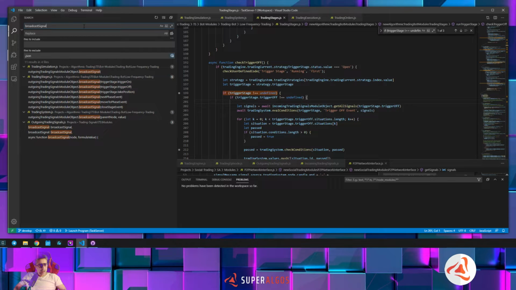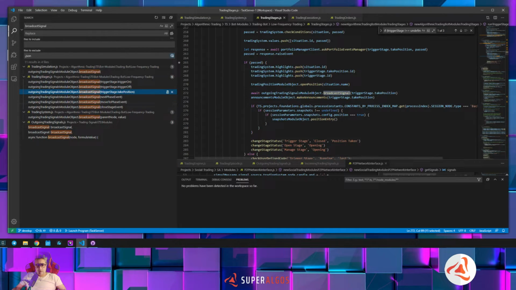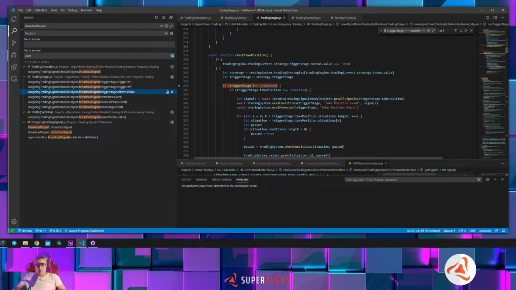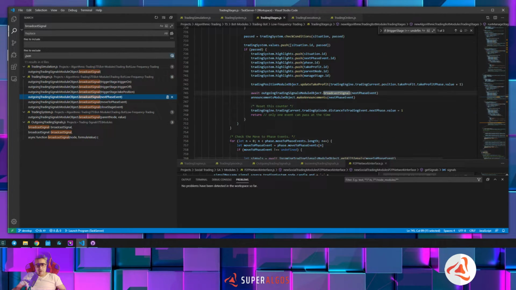We did that because they were outgoing. It was this one here, but this is an asynchronous function.